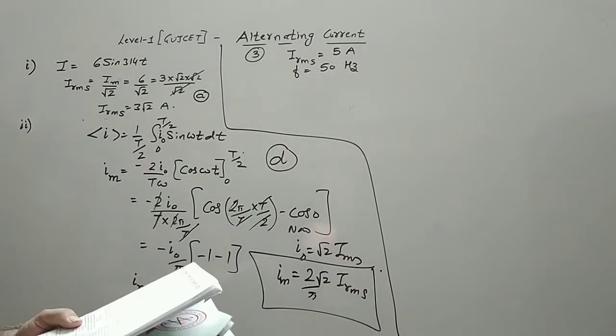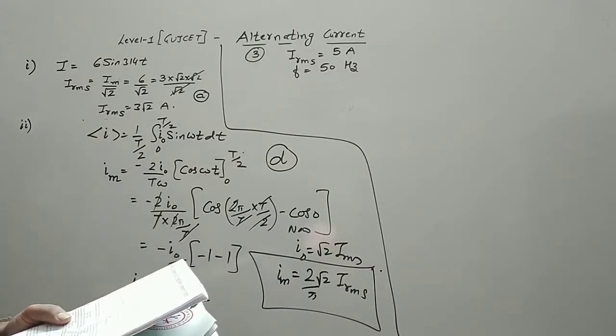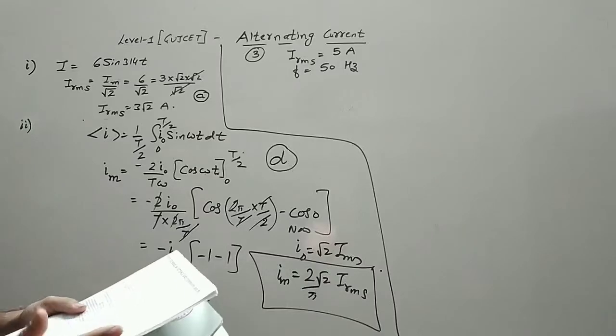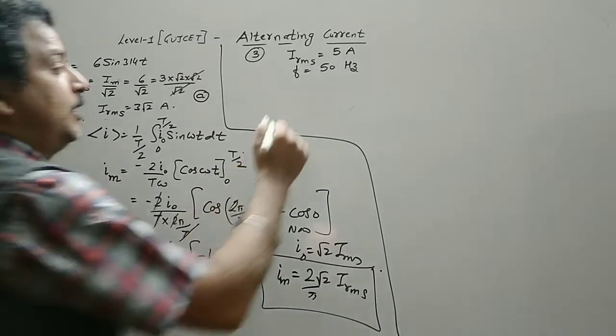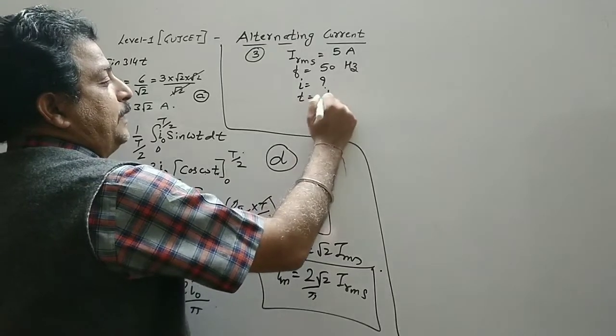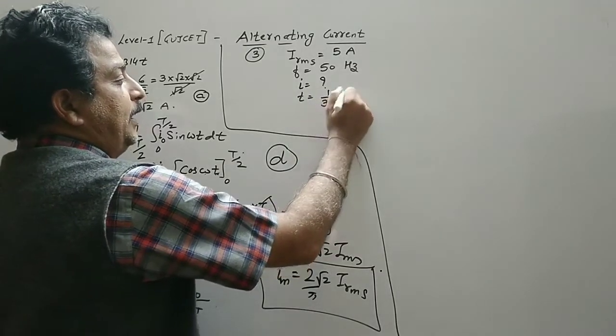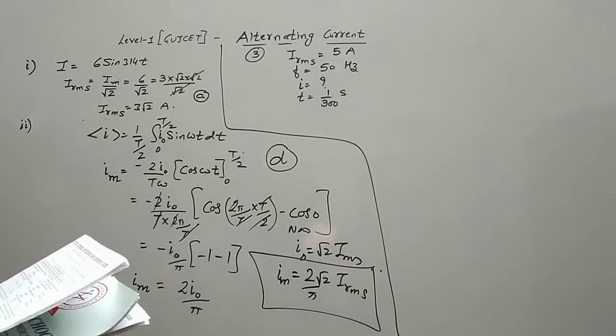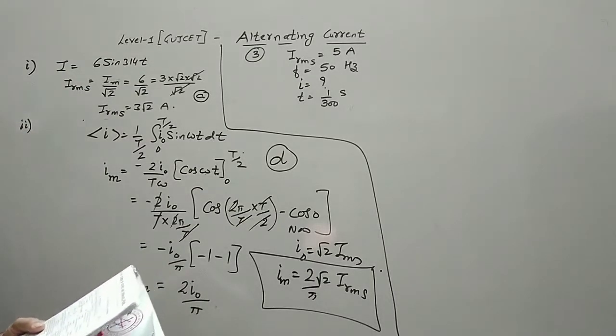What is the value of the current 1 upon 300 second after it is 0? So we have to find out the value of the current, that is an instantaneous current, when the time is 1 upon 300 seconds.